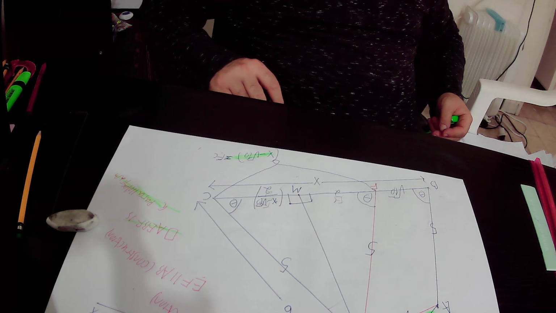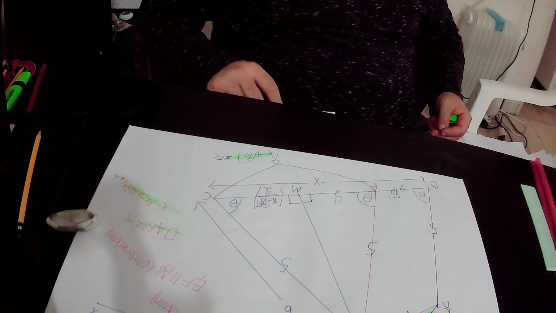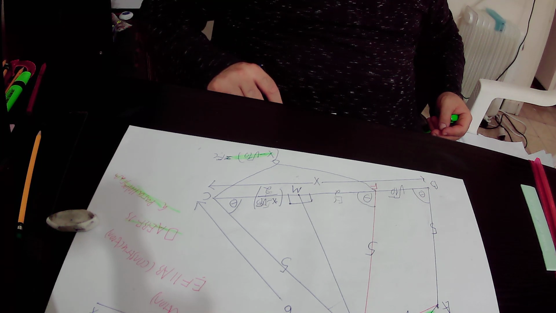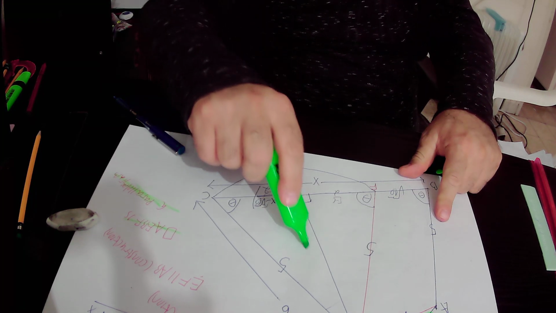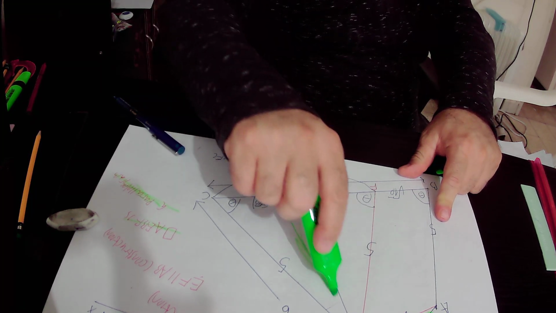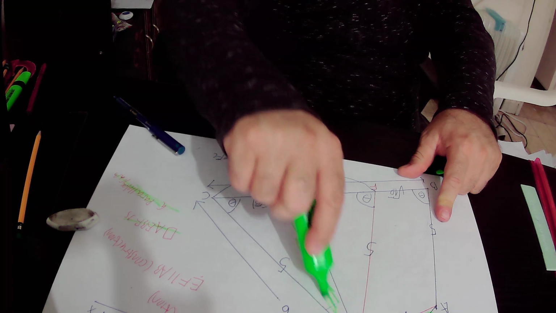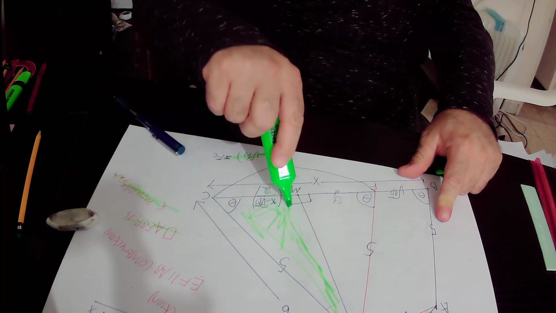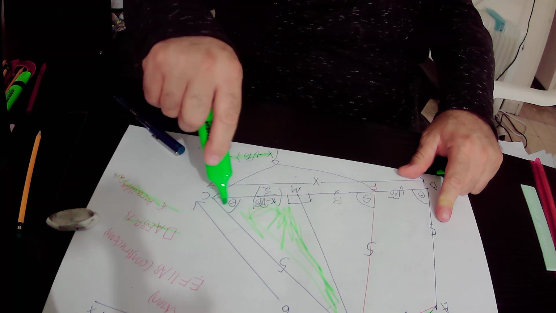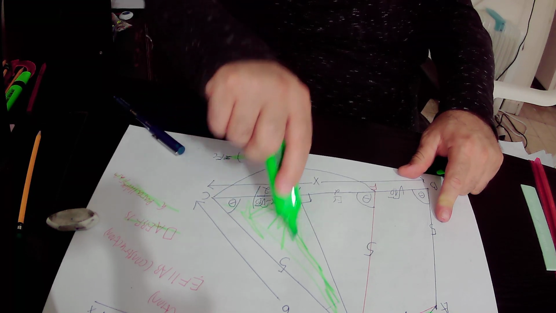And in the next step, we will prove that those two right triangles, the green right triangle ADE, is similar to the big green right triangle, triangle EMC.